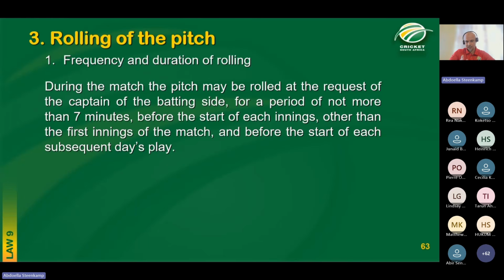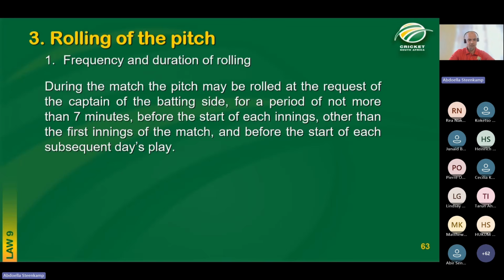And let's say Zimbabwe now bat in their first innings, and they get dismissed for 250. Now South Africa will go bat in their second innings. Same thing will apply. Umpires will go to the captain of South Africa and ask whether they want rolling, which roller, and how long. Umpire, I want the medium roller and I want it for 5 minutes. No problem.